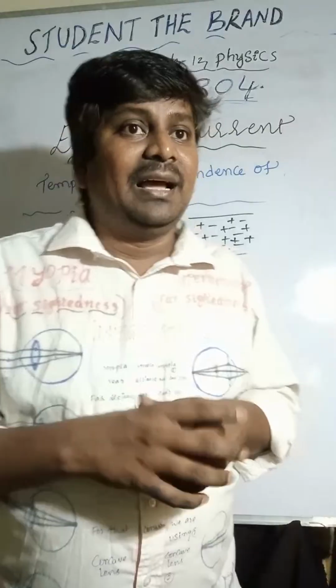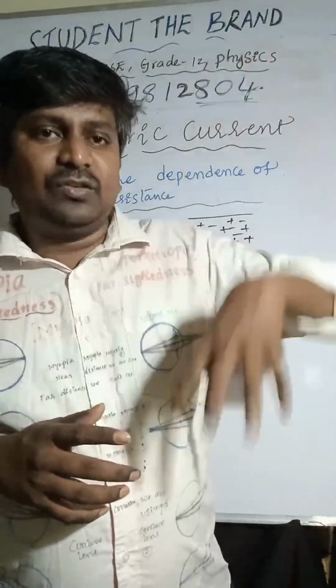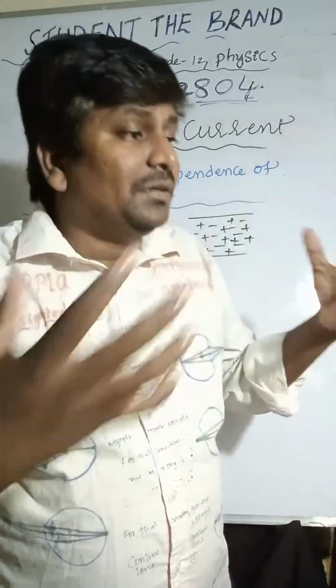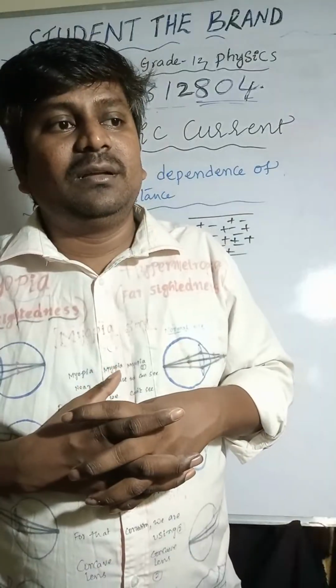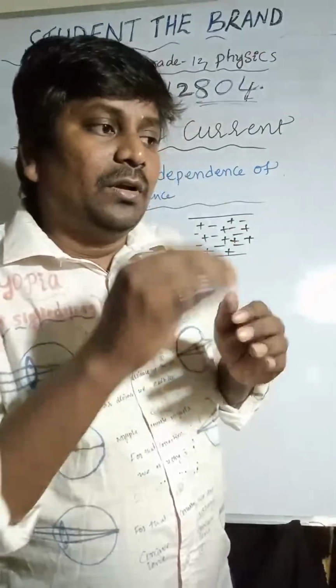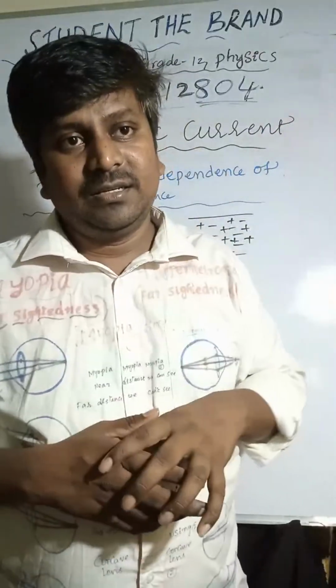That I will tell. I said I will discuss two points. Point number 1: as soon as temperature increases, electrons move with greater amplitude, faster. So in that time, resistivity and resistance decrease, conductivity increases.